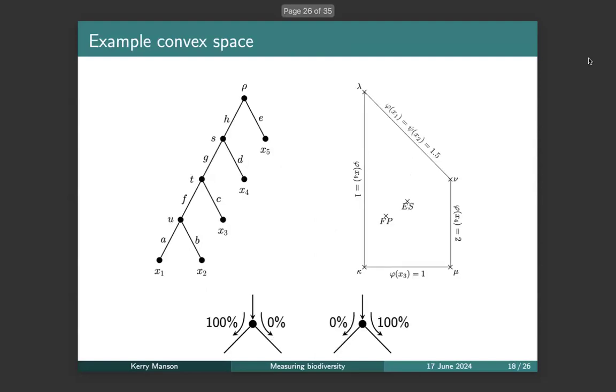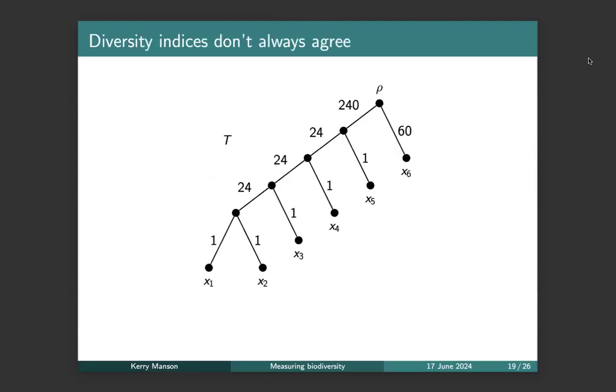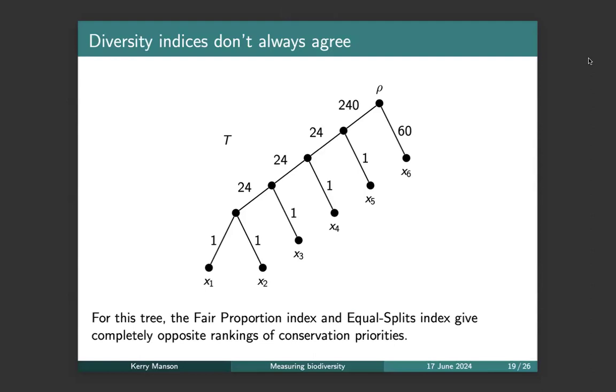So these 2 points, they're distinct, but how big is this difference? And it turns out that here's a nice contrived example where they're completely ranking the species in opposite orders from one another. So, okay, which one do we choose then?